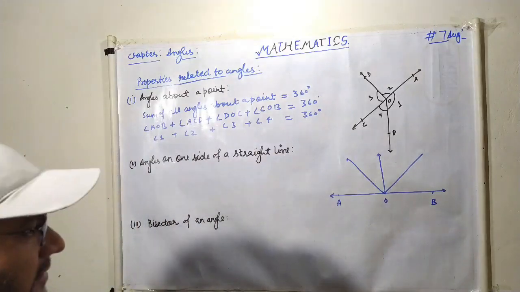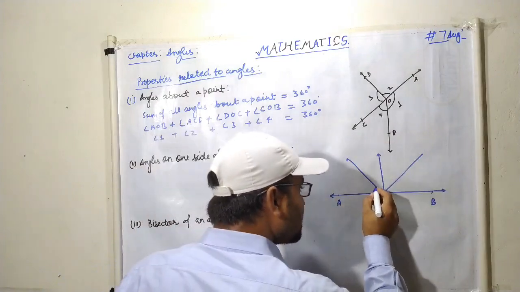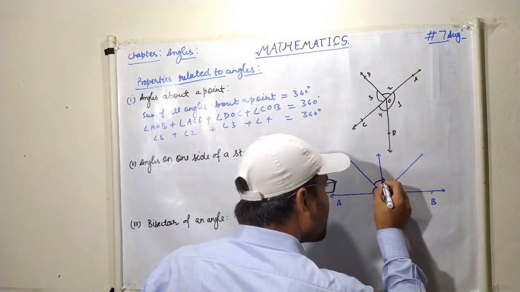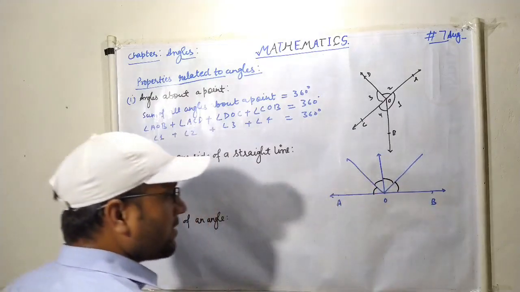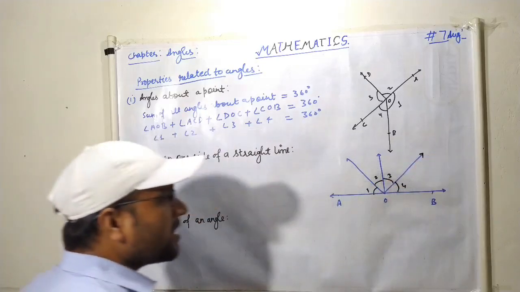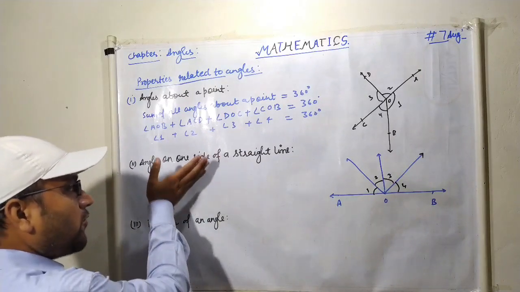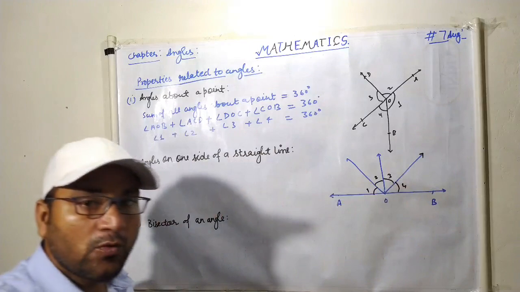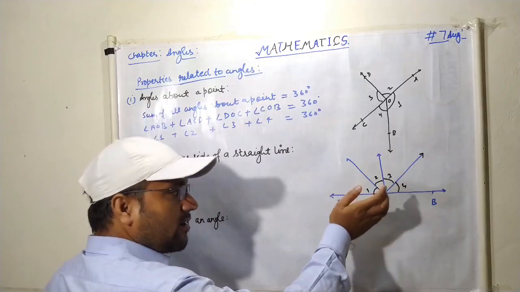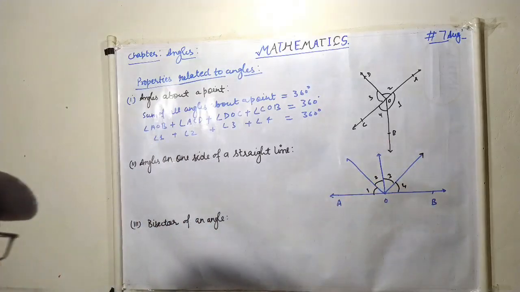AB is a straight line with a point O. On one side of the line, there are given angles: angle 1, 2, 3, 4. So sum of all angles on one side of a straight line is equal to 180.